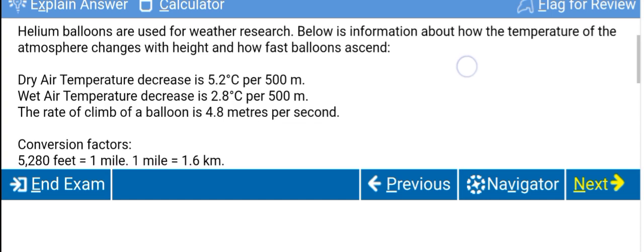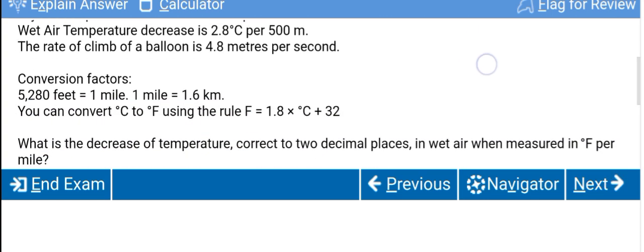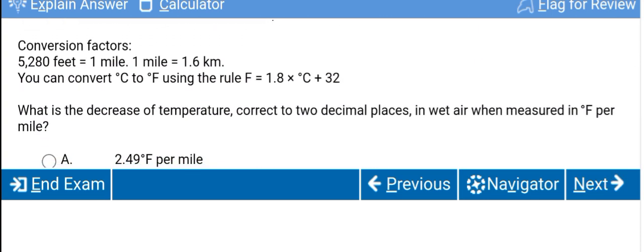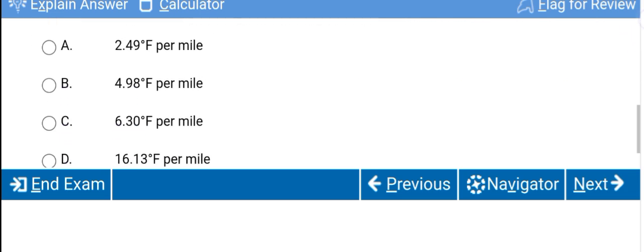Again, we have the same information given. The question is that what is the degrees of temperature correct to 2 decimal places in wet air when measured in Fahrenheit per mile? Option A, 2.49 degree Fahrenheit per mile.